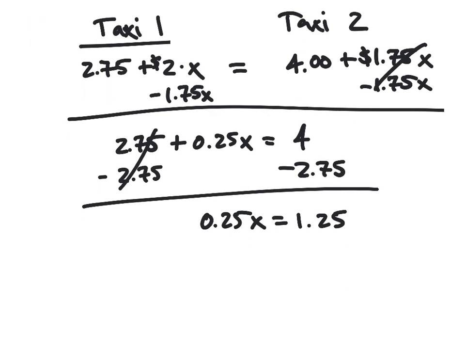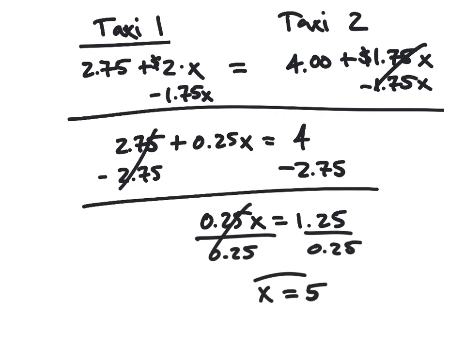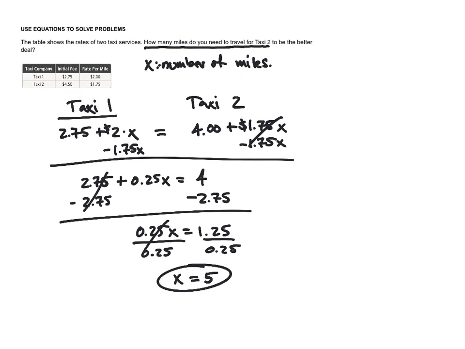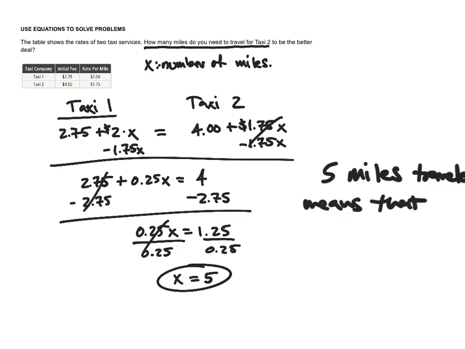Now, if I divide both sides by 0.25, I get that x is equal to 5. And what that means is that 5 miles traveled means that both taxis would cost the same.